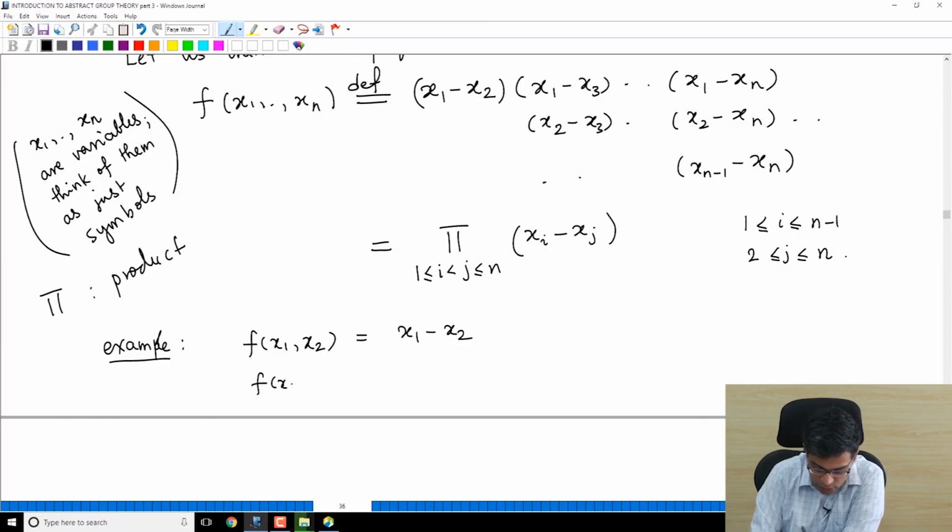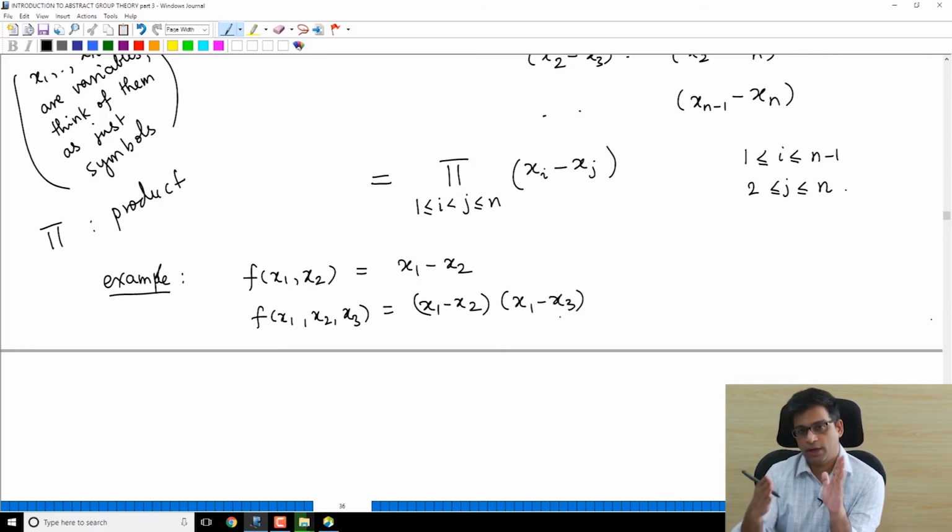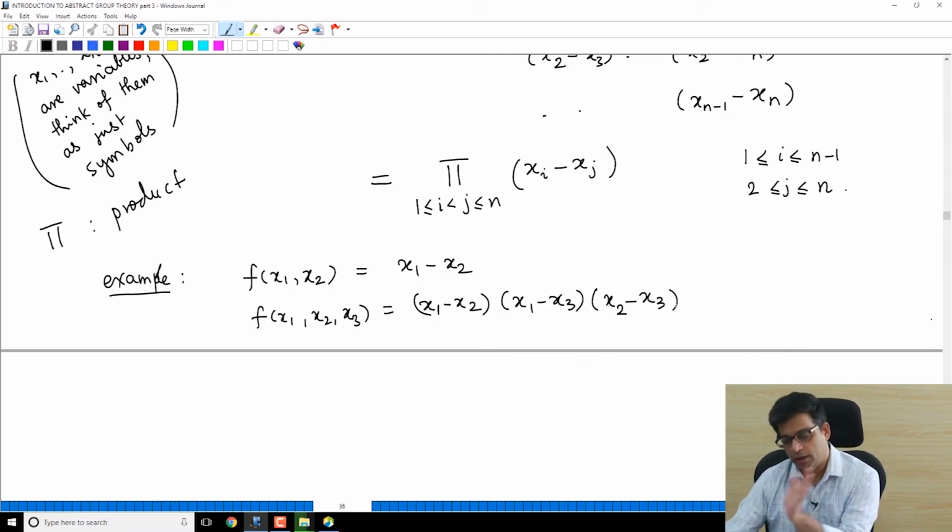What would be f of x1, x2, x3? You take x1 minus x2, x1 minus x3. So starting with x1, you take every other index, 1 is fixed, so 2 and 3. And then starting with x2, you take every other index. Is there anything else?